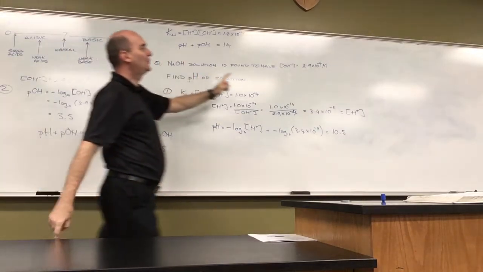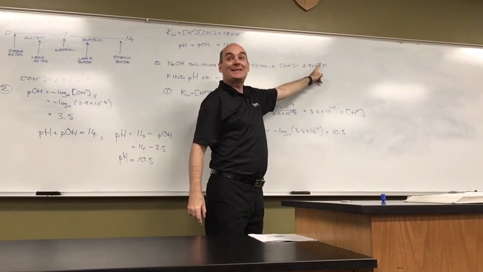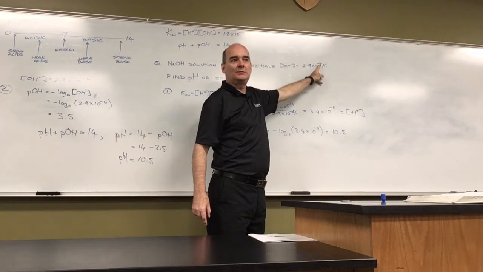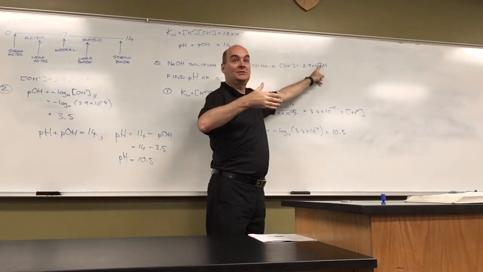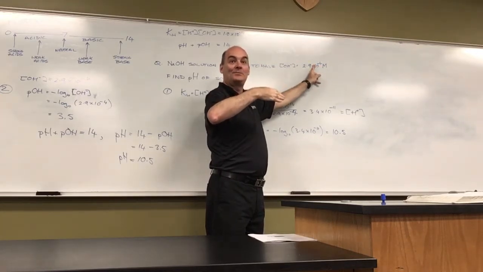So this solution has 1,000 times more than what my neutral should be. 10 to the negative 7, then 6, then 5, then 4.